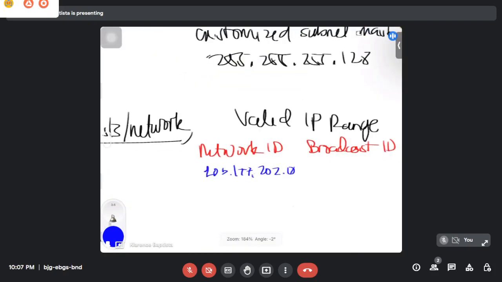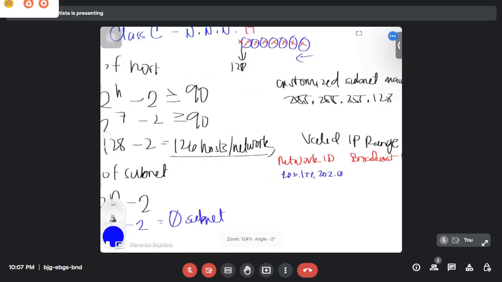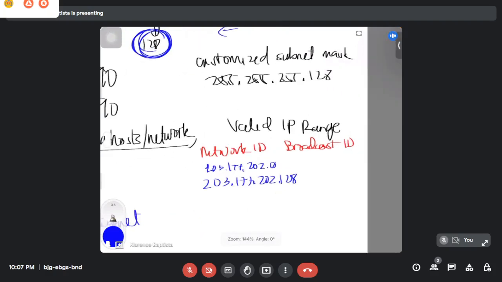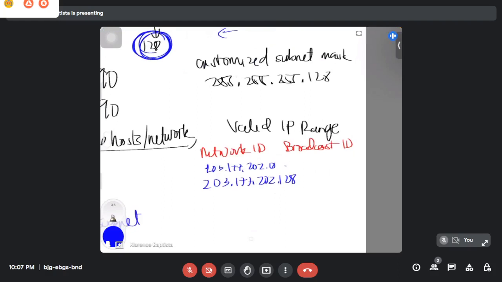Ang kanyang host per network, dahil isa lang po ang naka-on sa kanya, ito, itong 128. So, ang next nating range is 203.177.202.128. Pag in-add po natin 128 plus 128, 256 na po yan. So, sobra na po.